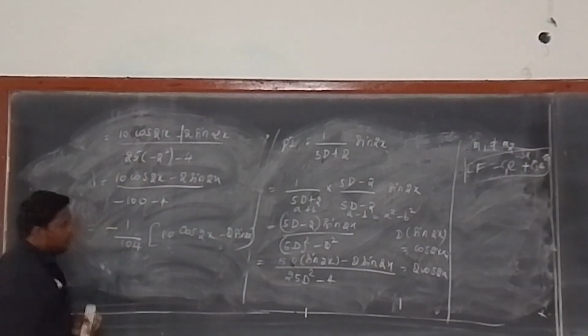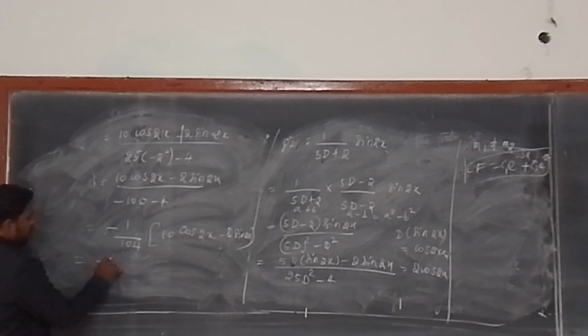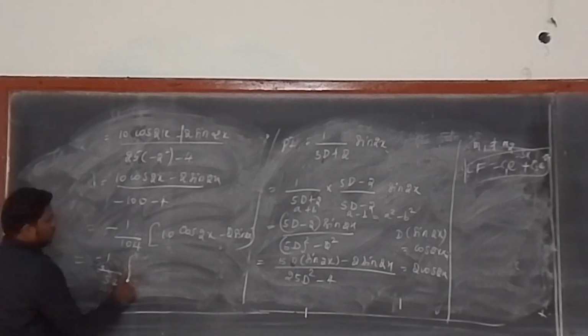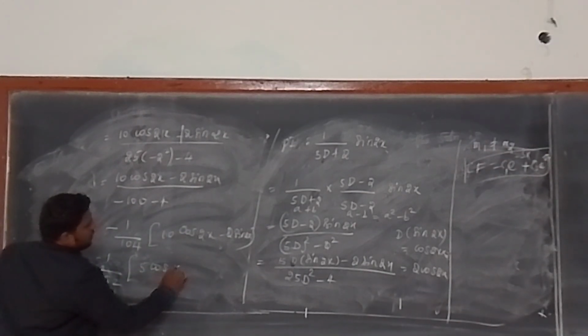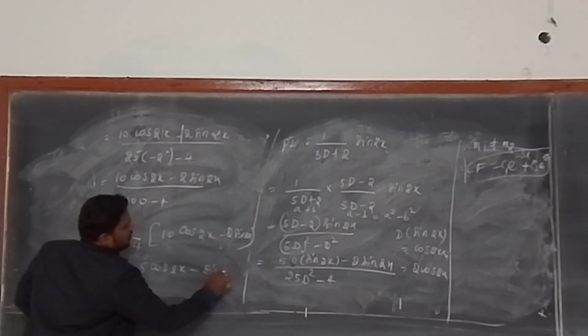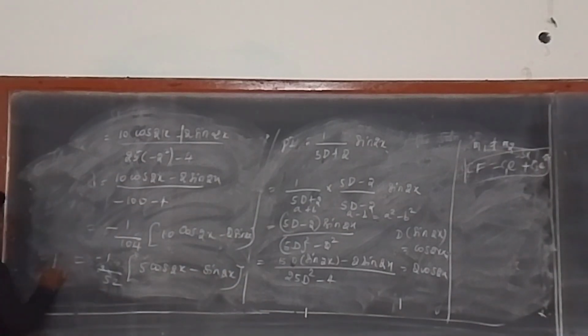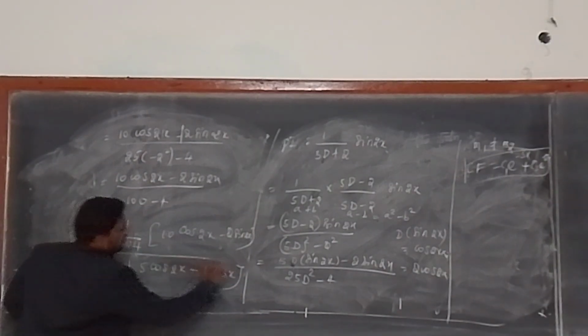We can take 2 common outside: minus 1 by 52 into 5 cos 2x minus sin 2x. So that is the particular integral.